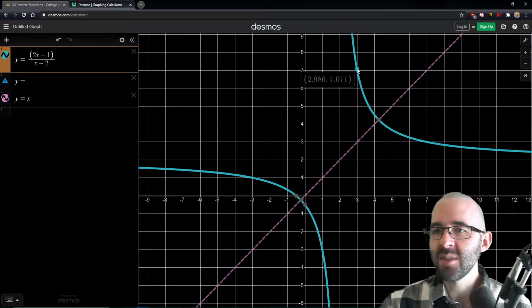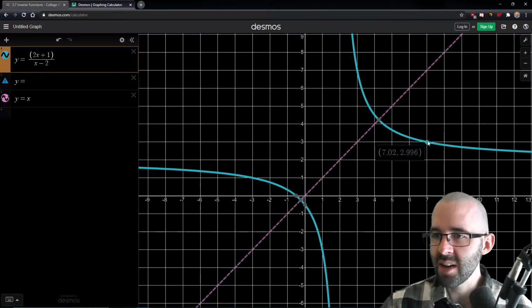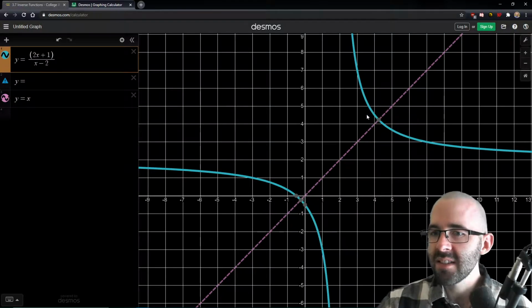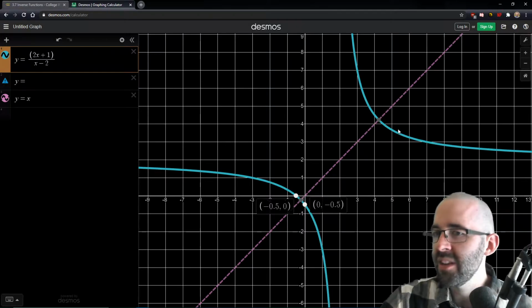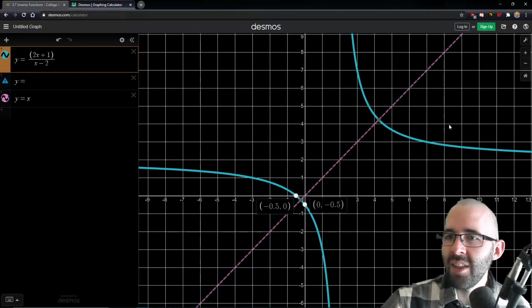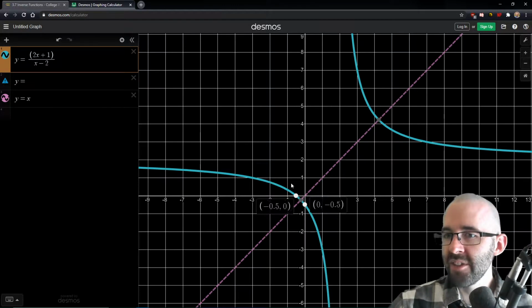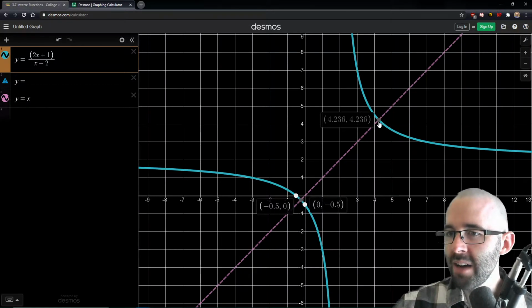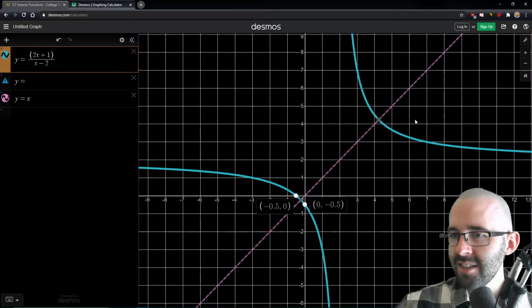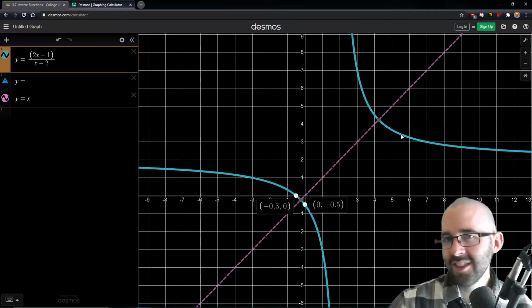Because if we switch x's and y's, so for example, 3, 7, switch the x's and y's, we get 7, 3. It's still on the function. In fact, any point you pick, you switch the x's and the y's, you're still going to be on this function. This function is symmetric about this pink line. That's the visual and graphical interpretation of this. So kind of cool.